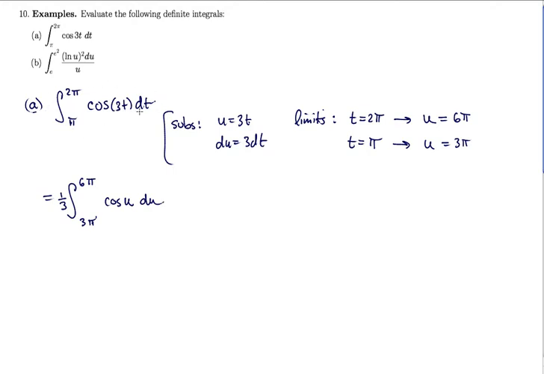Our original integral with these limits of integration is equivalent to this integral with these limits of integration, and this one's slightly easier to work out. The antiderivative of cosine is sine of u, and that goes from 3 pi to 6 pi. Sine of 6 pi and sine of 3 pi are both 0, so the result here is 0.